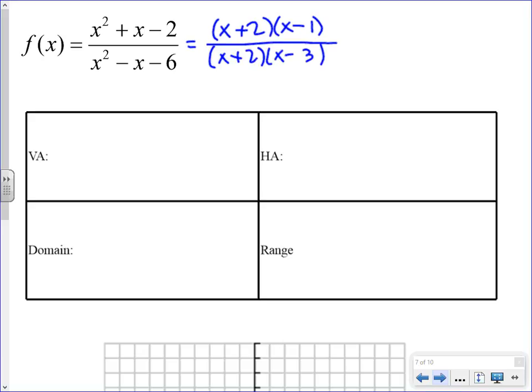Here's what I got for my factoring. Do you agree? Okay. Can we simplify?